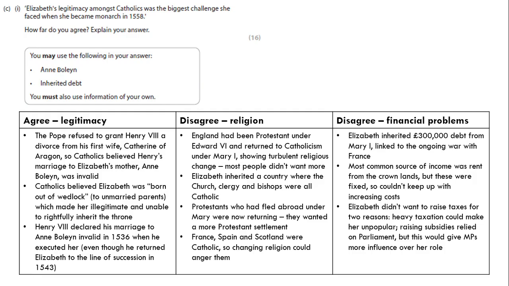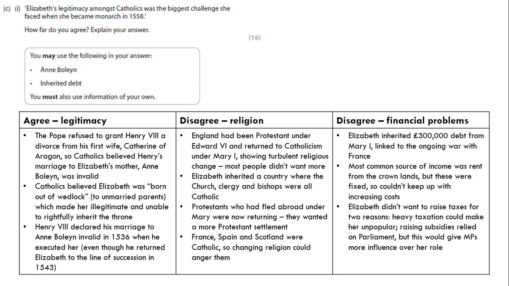In terms of a paragraph on religion, we've got to remember that England has been on a religious roller coaster. It was Protestant under Edward VI. It returned to Catholicism under Mary I. Most people didn't want more turbulent religious change. Elizabeth also inherited a country where all of the church, clergy and bishops were Catholic.